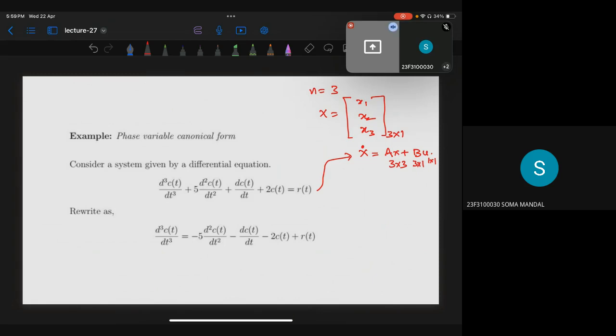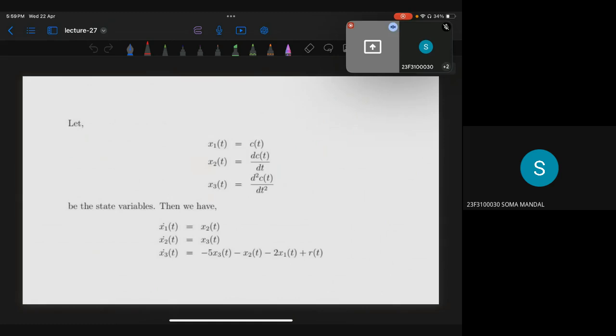Now let us start with x1. First, x1 we are taking as c(t). 3 variables: x1, x2, x3. Is this clear? Yes, sir.